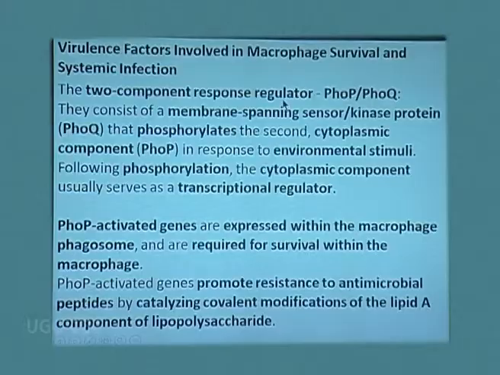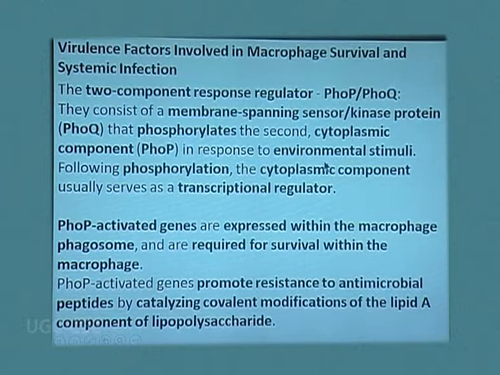Now, if we look into the other mode of infection by the typhoidal type of Salmonella that causes infection of the macrophages and systemic infection, we will see diverse types of virulence factors. First of all, there is a two-component response regulator, PhoP/PhoQ.